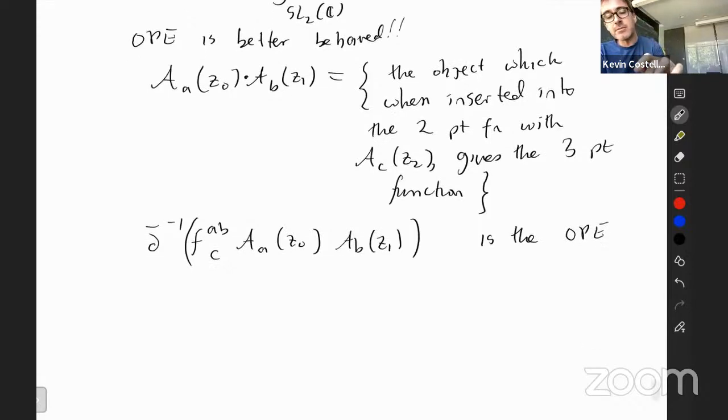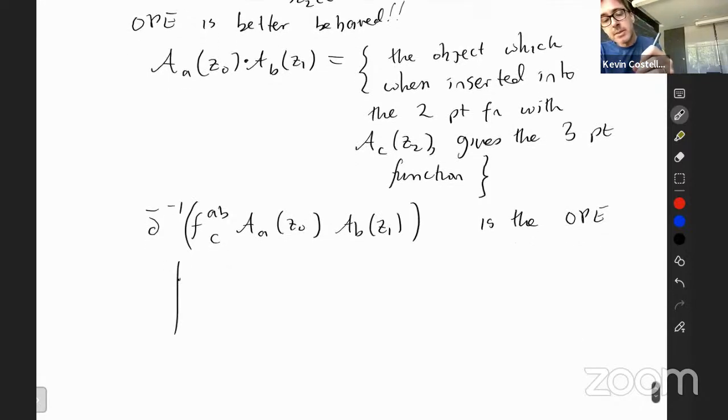And you can imagine it as follows. There's my first state. And then here, d bar inverse is the propagator coming off like that. So why is this the OPE?